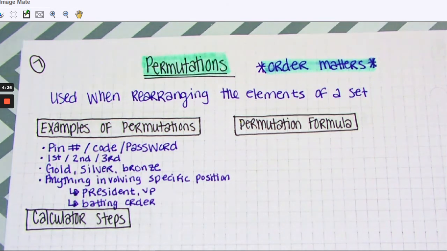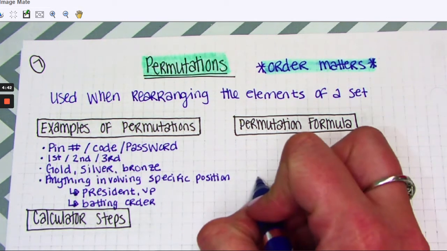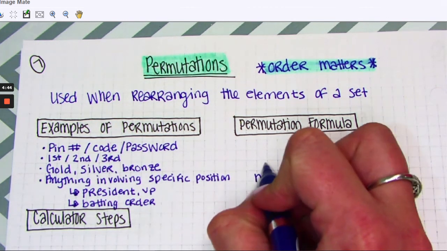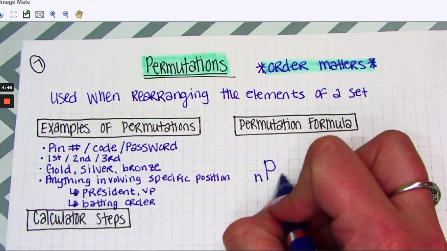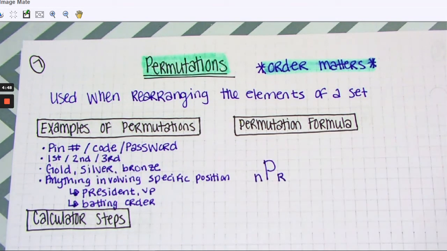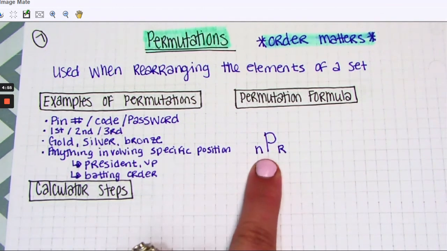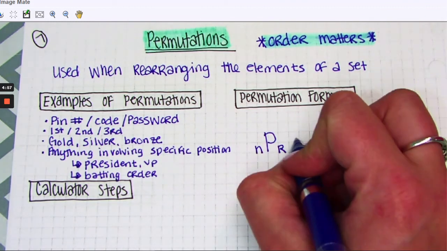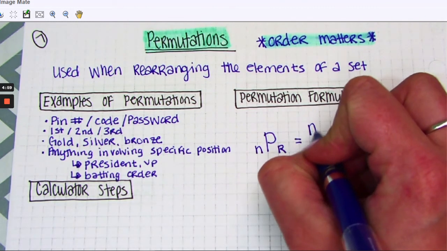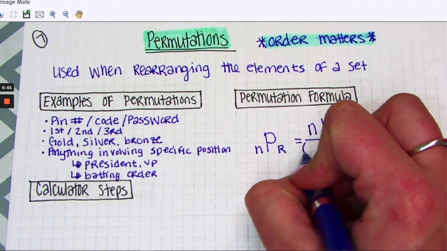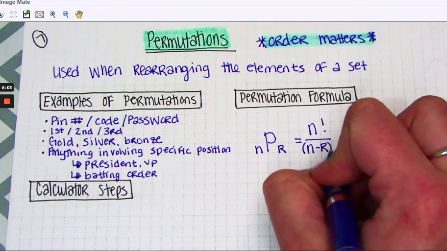There is a formula that your calculator does when you tell it to. The formula on your calculator is going to look like this: little n, capital P, little r, where the n and r will be subscripts. This is what it's going to be. Inside of the calculator, the equation is n factorial over n minus r factorial.